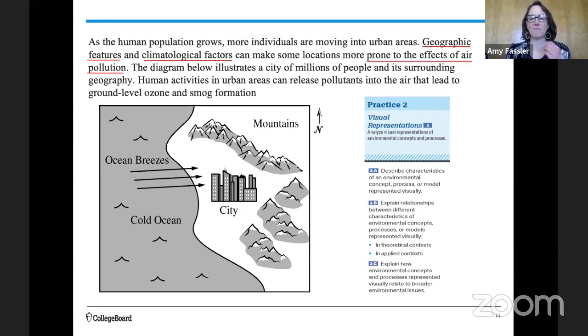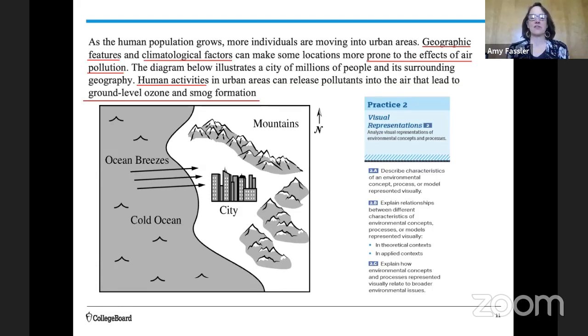So right away, I'm thinking, okay, geographic factors, like where's there a river, where's there a mountain, where's there a valley, different features of the land. And then climatic factors: is it hot? Is it warm? Is it sunny? Is it an area that has a lot of precipitation? And we want to look at how human activities then are impacting ground level ozone and smog formation.